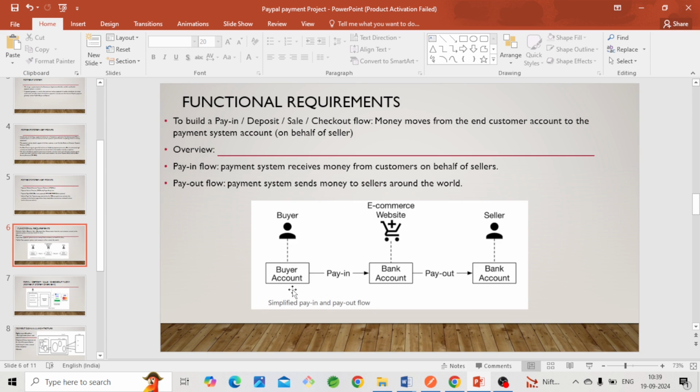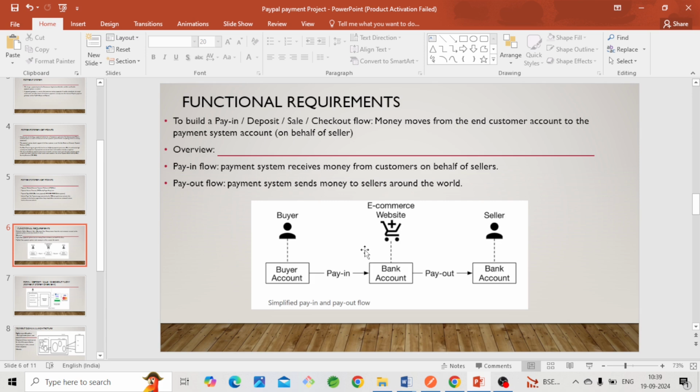So the money is moving from the buyer account to the payment system account in this flow. Then pay in flow, the payment system receives the money. So here the payment system receives the money from the customer on behalf of a seller.